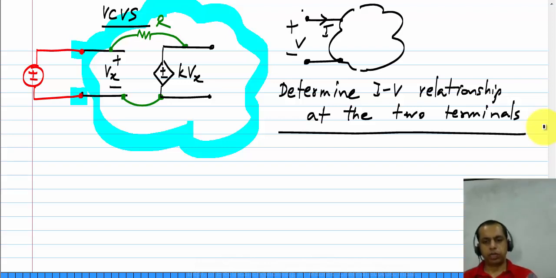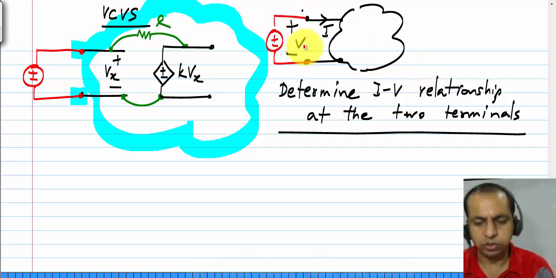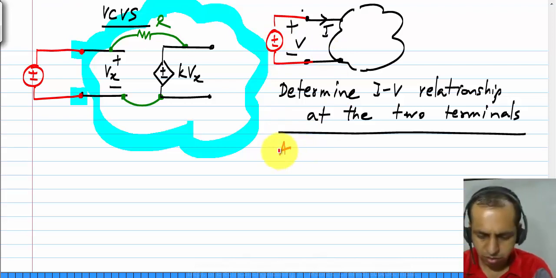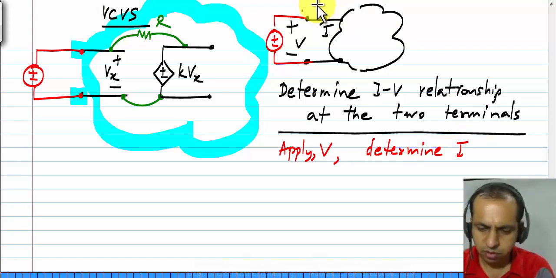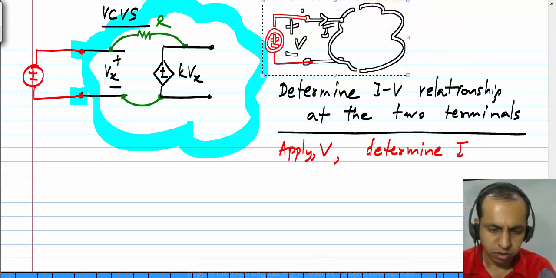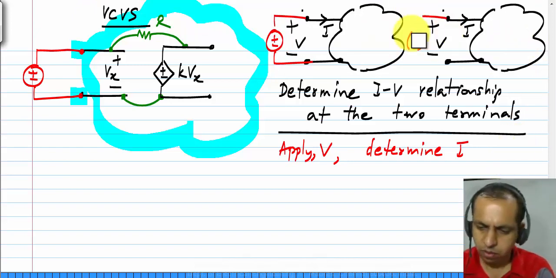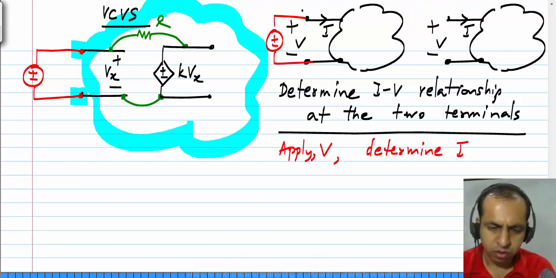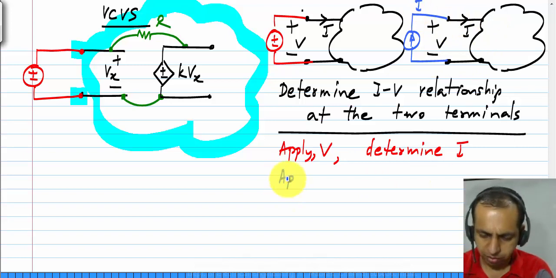And the way to do that is you either apply a voltage source V and determine the current I. Alternatively, you can also apply a current source I and determine V. Both these are possible.